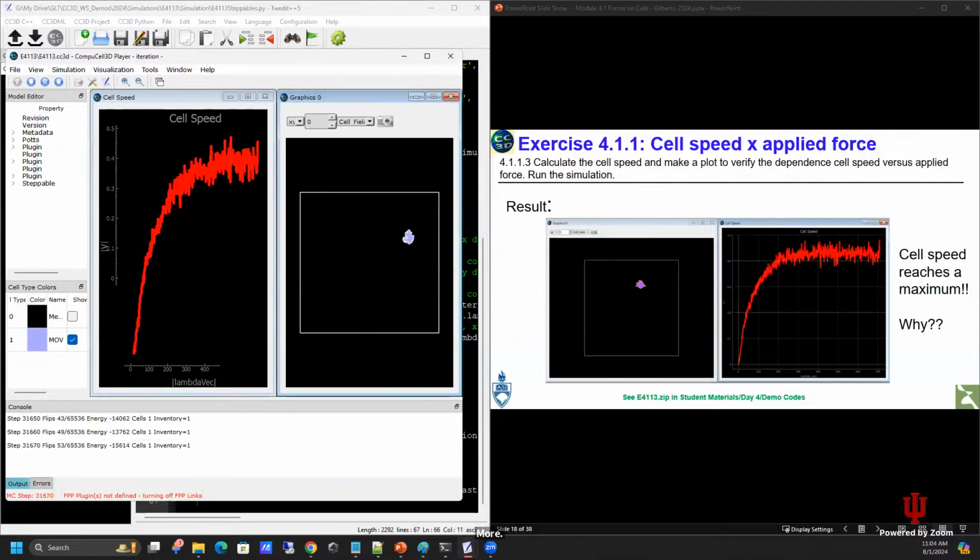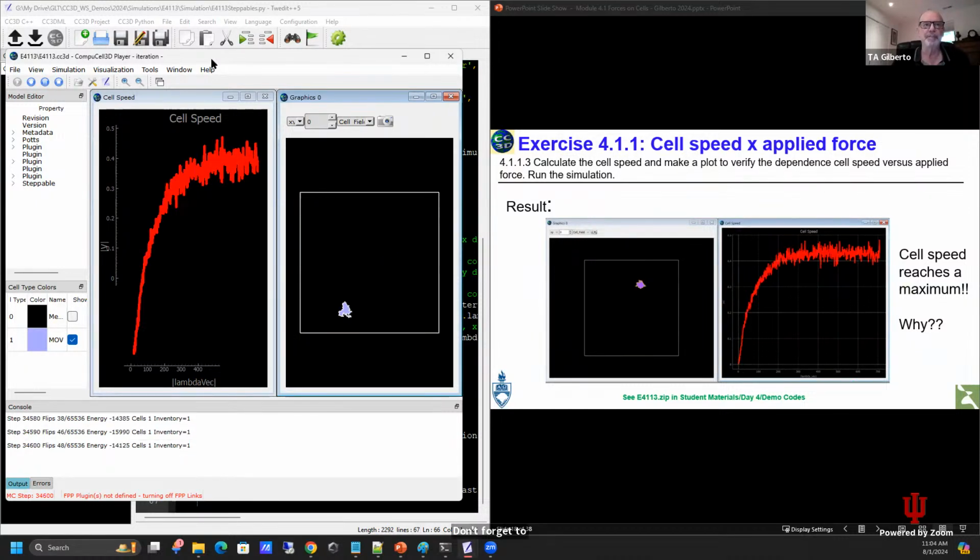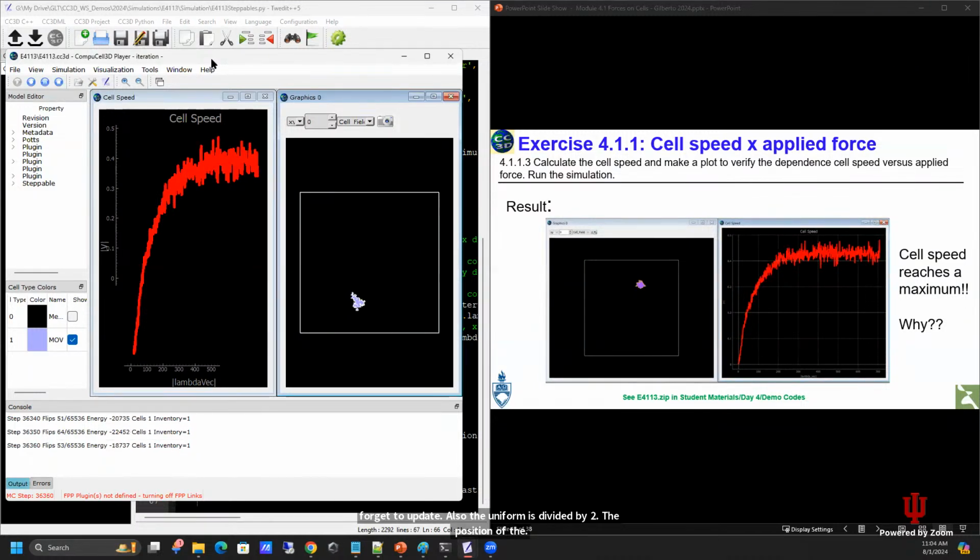But where should I modify it in the XML file? Yes, yes. Don't forget to update also the uniform initializer, divided by 2, the position of the initial cell. Okay. Thank you.